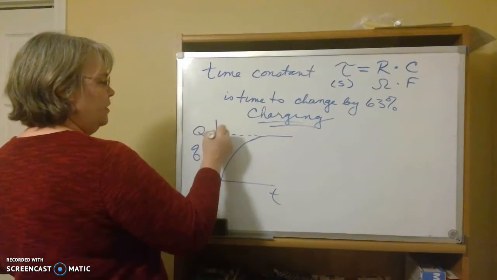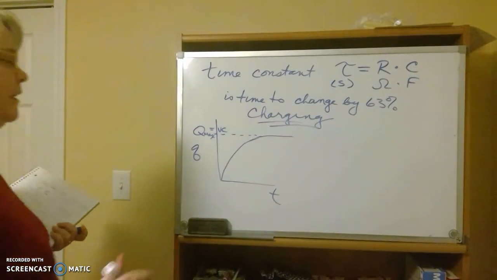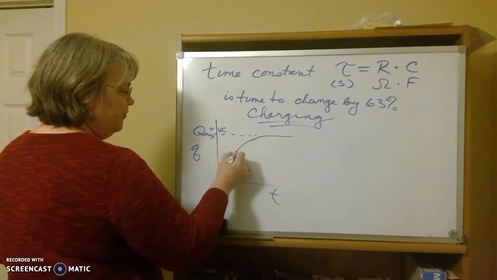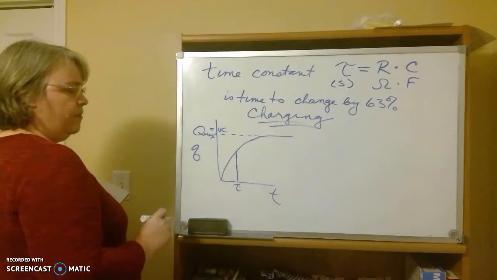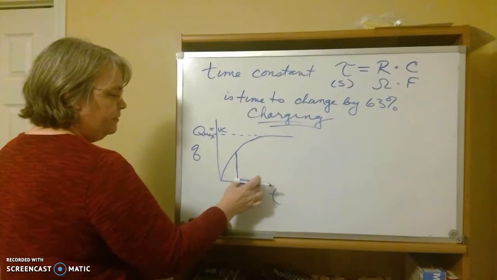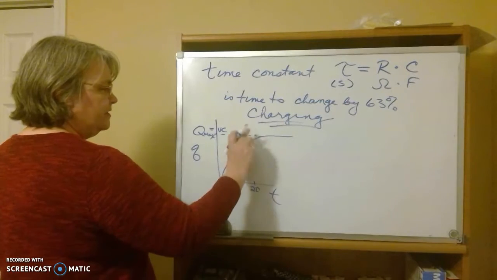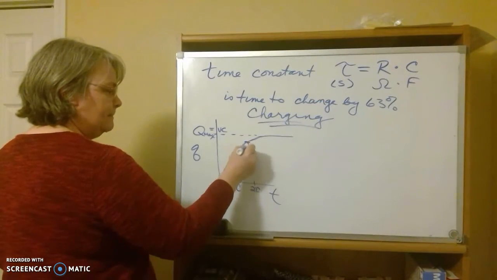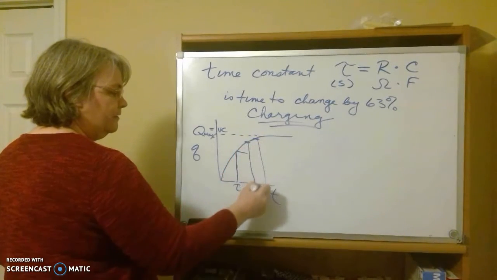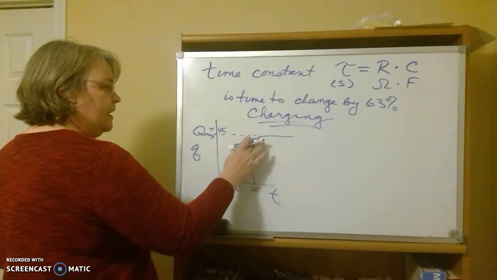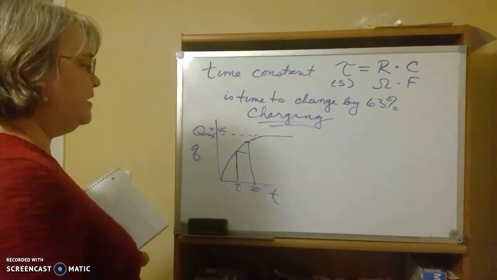So we get up to that level where Q equals VC. One time constant is kind of just a little bit farther than halfway up, and that's tau. And that same amount of time later, at 2 tau, we will be 63% of the rest of the way. And then at 3 tau, we'll be another 63% of the way, etc. Okay? So 63% of what you're doing every time you go through one time constant.